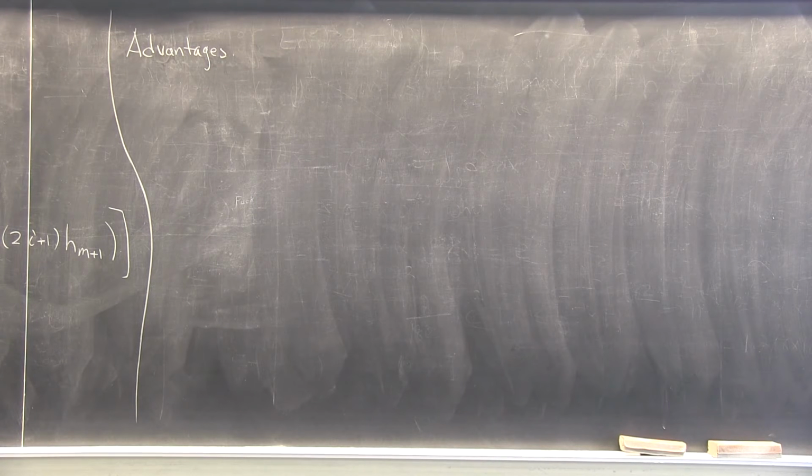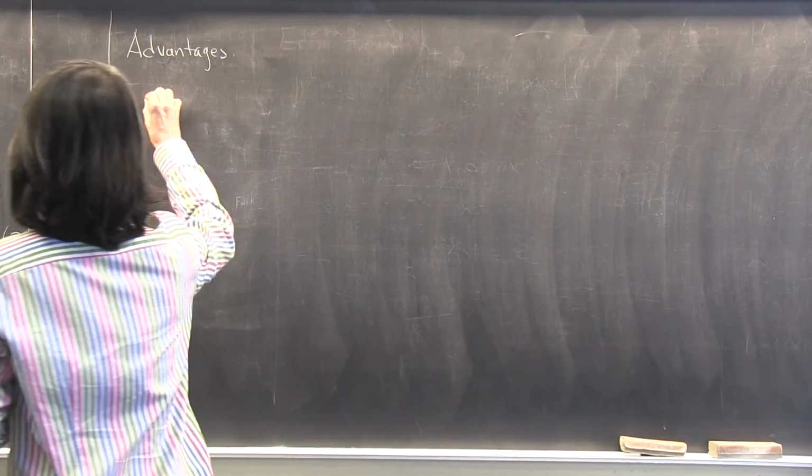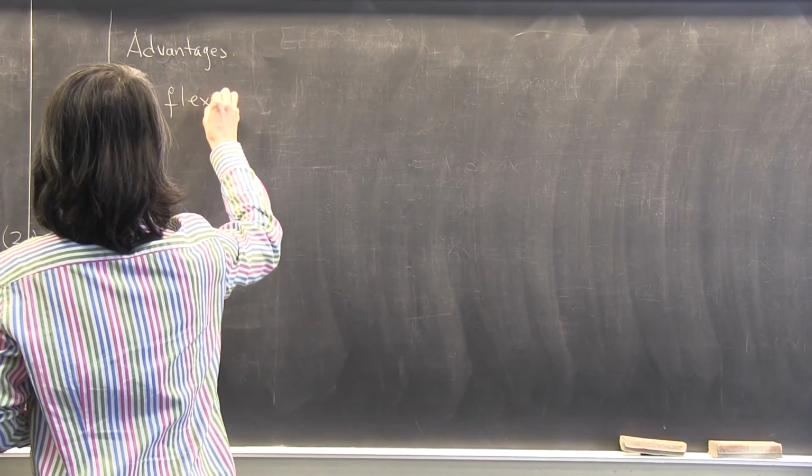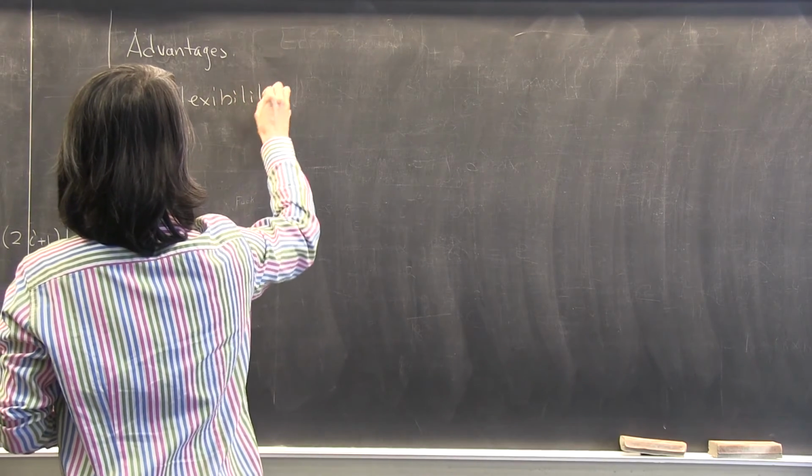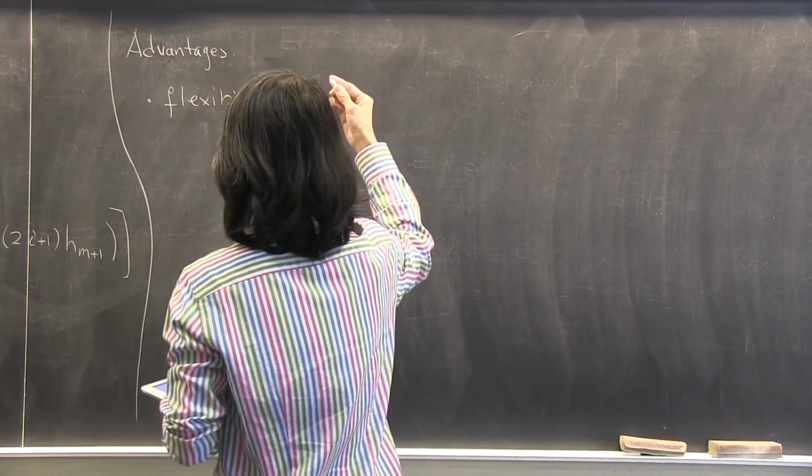Do we see? So, 2 aspects in that. One is flexibility with respect to errors, right?